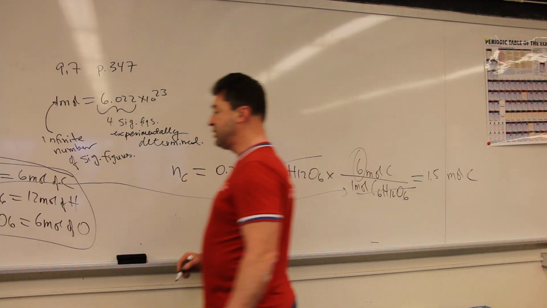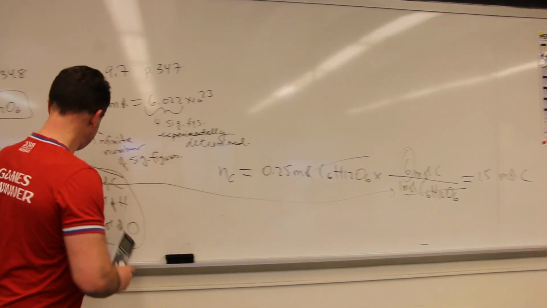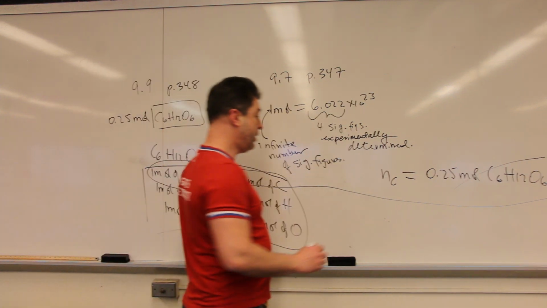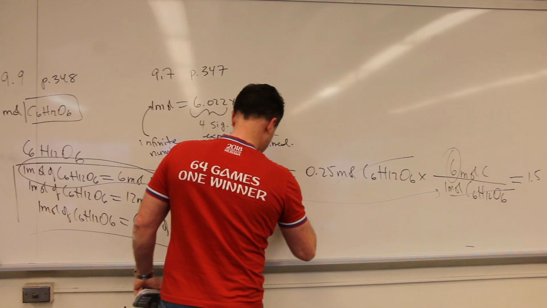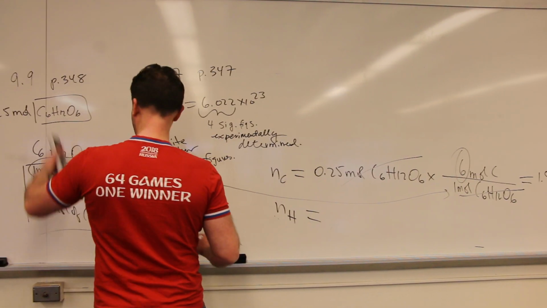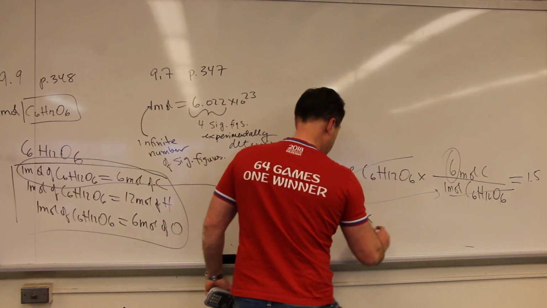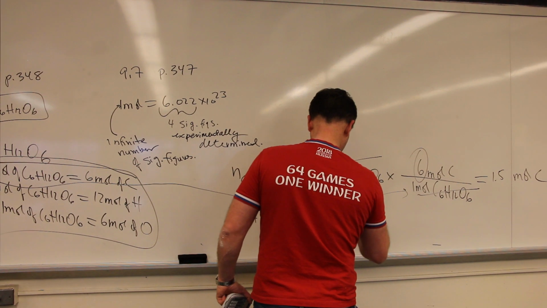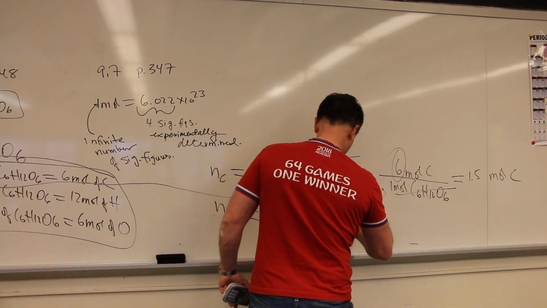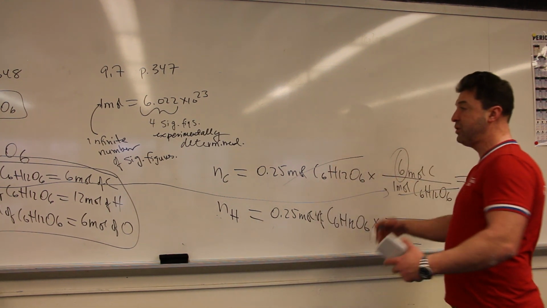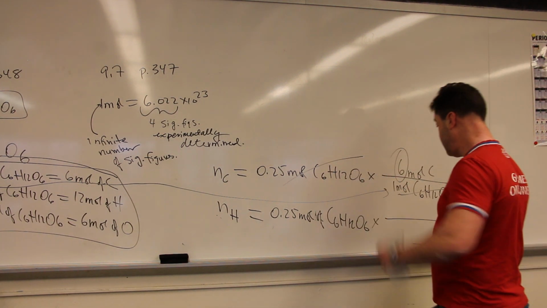And the same thing goes, let's say, for hydrogen. The only difference is I'm going to use a different conversion factor here. But still, the starting material will be my glucose molecule in the amount of 0.25 moles. And again, I always want to put the identity of the substance here so that I'm not confused about what I'm actually getting in the end when I'm converting.